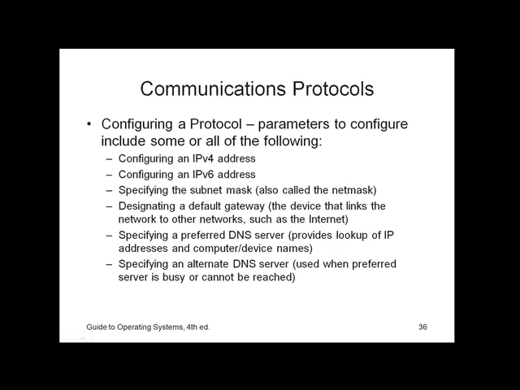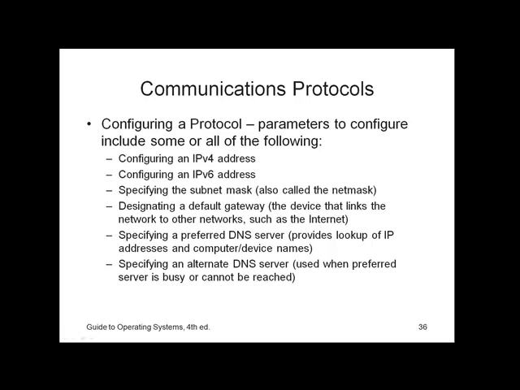Configuring a protocol, which is the third step in the process after installing and binding, is done to configure the protocol communication parameters. Now, the parameters to configure include some or all of the following: configuring an IPv4 address and/or configuring an IPv6 address, specifying the subnet mask, also called the net mask, designating a default gateway.